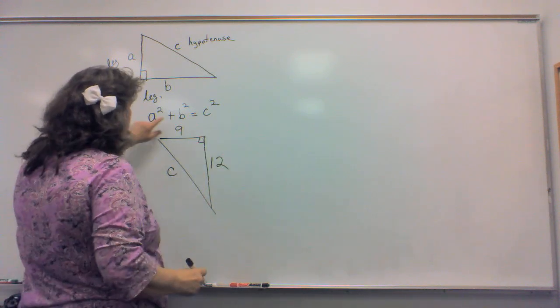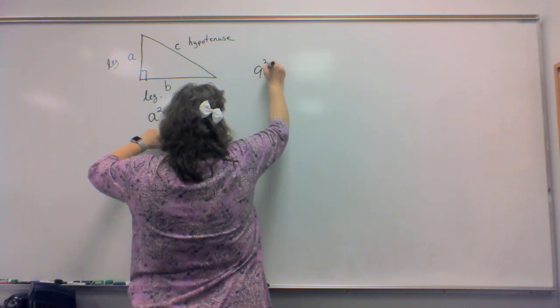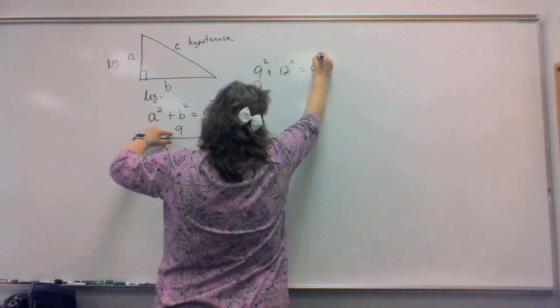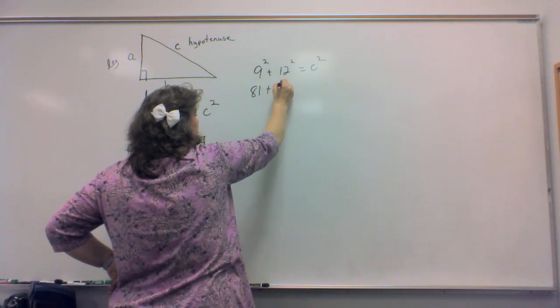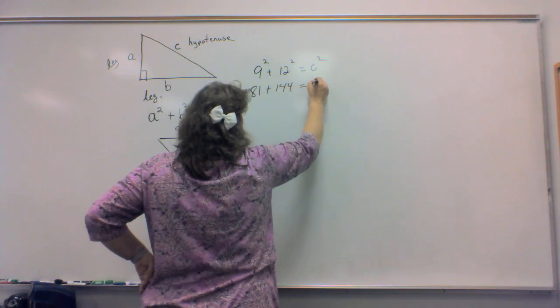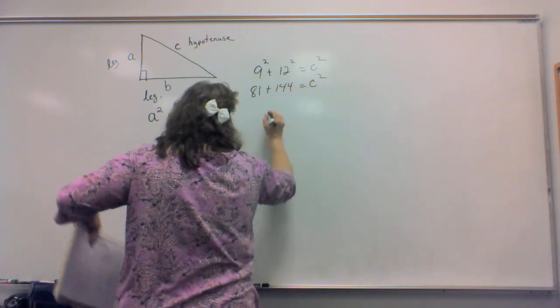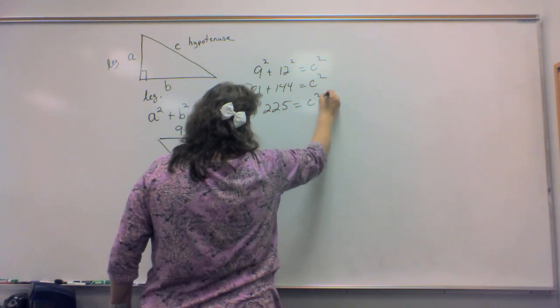A and B are legs, so we have 9 squared plus 12 squared is equal to c squared. Well, 9 squared is 81 plus 144 is equal to c squared, which gives me 225 is equal to c squared.